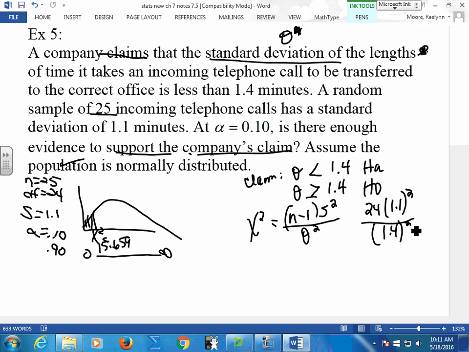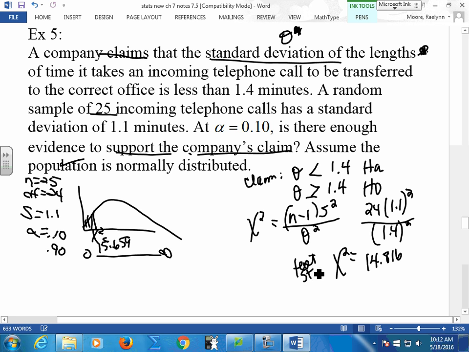If you take a look at the book, it's in the book, page 398. They do it, and they get 14.816. This is my test statistic. So now all I have to do is remember, this is reject H0, this is fail to reject H0. And I want to see, where does this fall? Does it fall to the left in my shaded area or to the right in my unshaded area? Shaded.